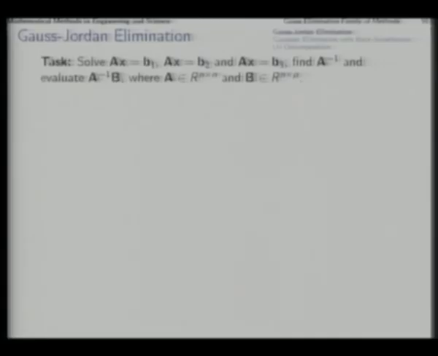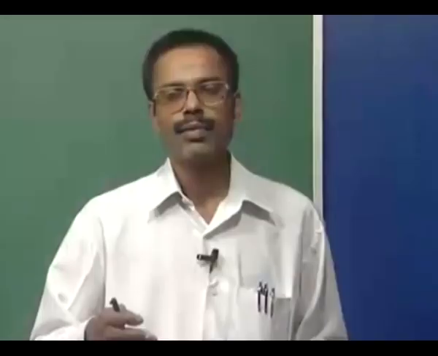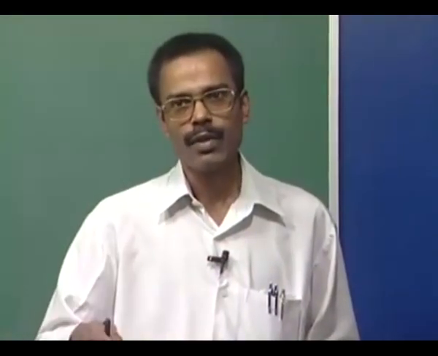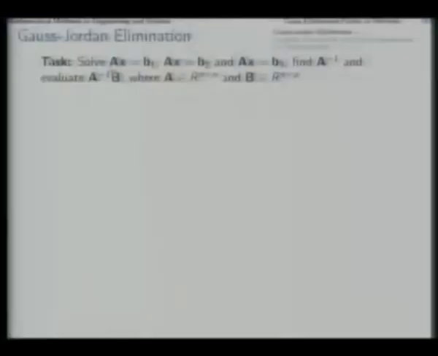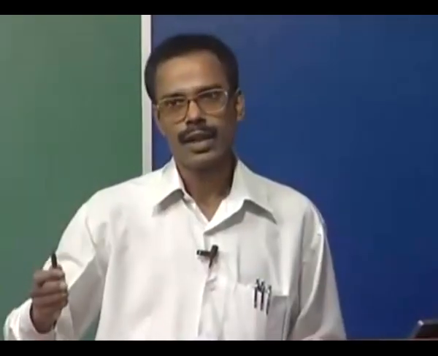The good thing in Gauss-Jordan elimination method is that the method goes in a systematic manner irrespective of how many right hand sides you have to solve for. For example, if you have to solve the system Ax equal to b for different right hand sides b1, b2, b3, and at the same time you want to find the inverse of the matrix also, which is the same thing as solving the system Ax equal to b for n different right hand sides.